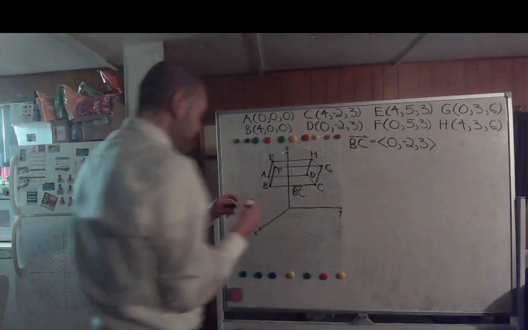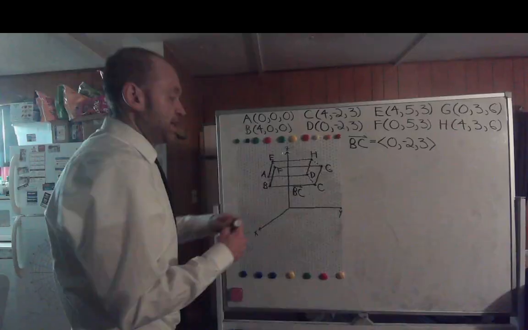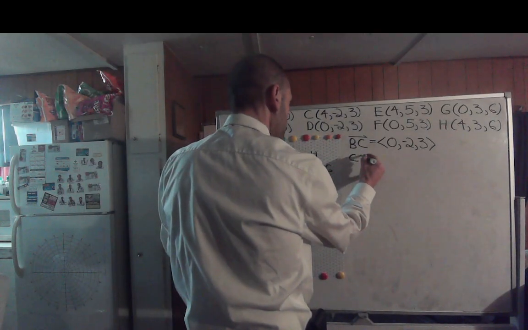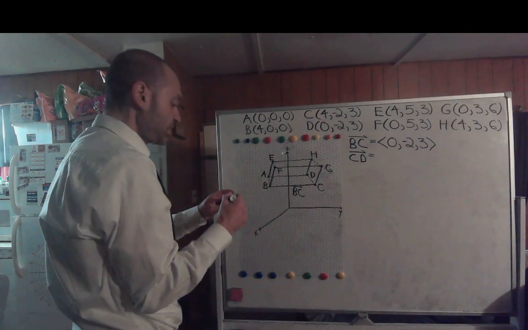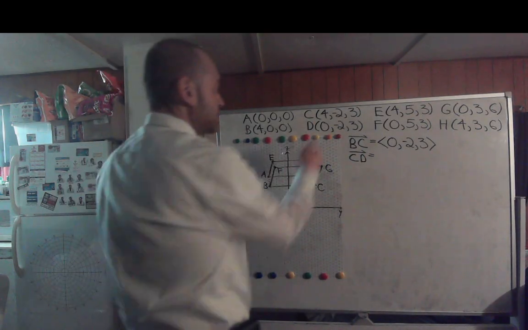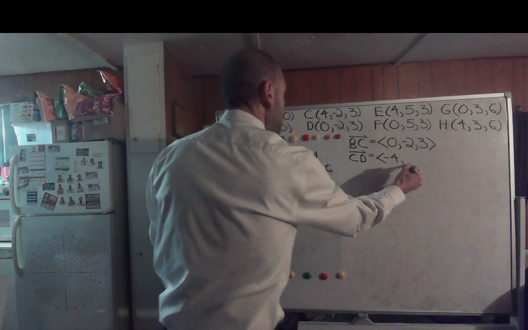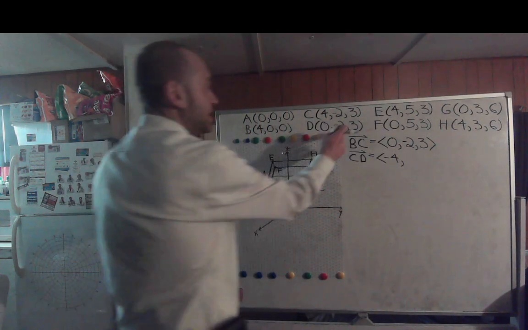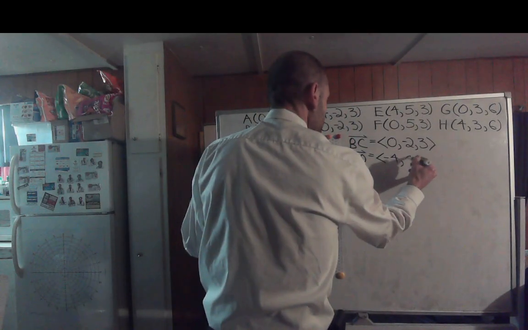And then the width of your base you could call CD. So we should want to find a vector CD. So for vector CD, take 0 minus 4, you'll end up getting negative 4. And then take negative 2 minus negative 2, that turns into negative 2 plus 2, which is 0.